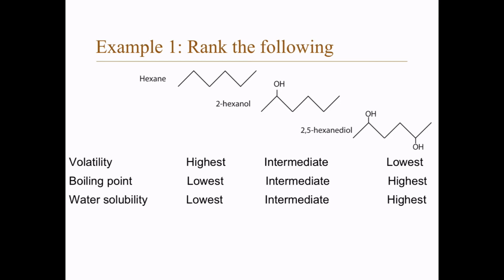And the fat solubility, or if we should be more accurate in our naming of things, the solubility in organic solvents, is the opposite of the rank for water solubility. So 2,5-hexanediol has the lowest fat solubility of these three, and hexane the highest.